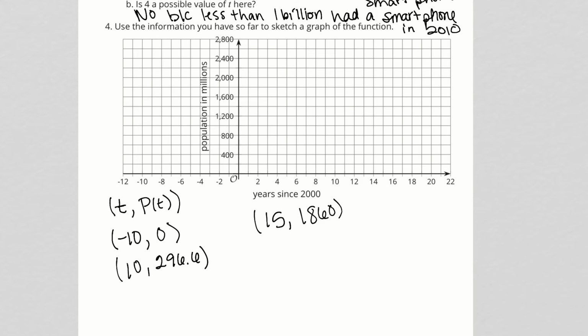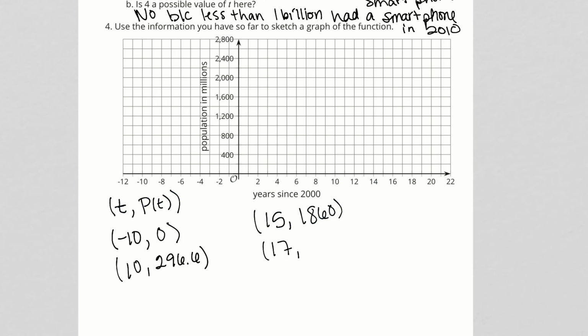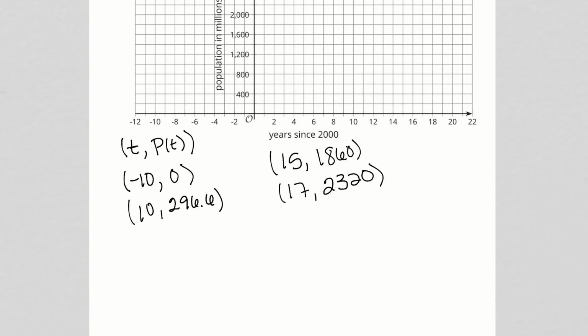Then we will have 17, which was 2,320. So you should have all 4 of these points on your graph. We are going to start with the negative 10, 0. That's going to be our easiest one to put on there because it is on the x-axis, right there.